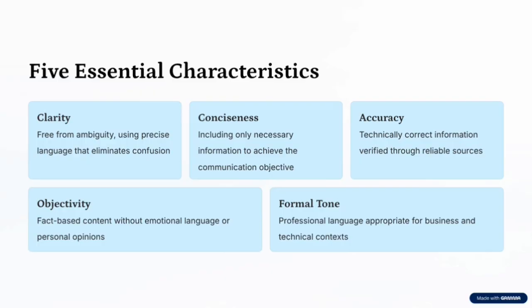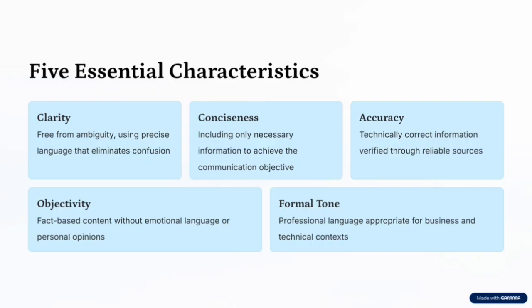Just imagine a situation where you have received a user manual on how to assemble a drone, but the steps given are not in a sequence or not aligned one after another. What would happen? In that case, you might end up destroying your product. So accuracy is very important.